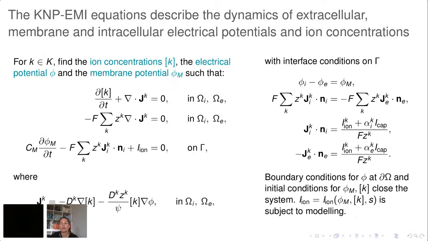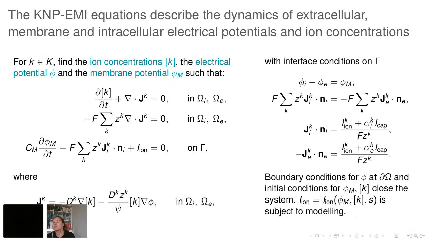And I_ion typically depends on the membrane potential, some of the ion species, and the gating variable s, which again are governed by a system of ODEs subject to modeling. So the KNP IMA equations consist of a system of partial differential equations, potentially coupled with a system of ordinary differential equations describing the gating variables.